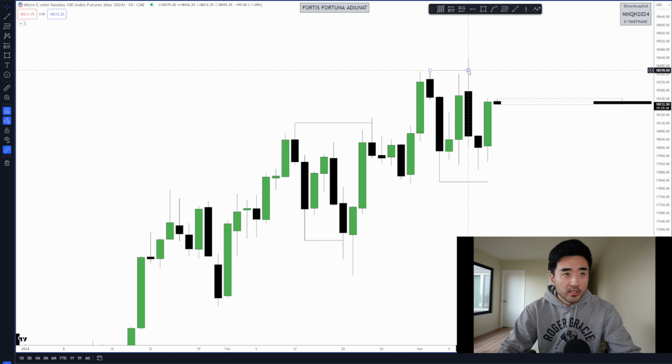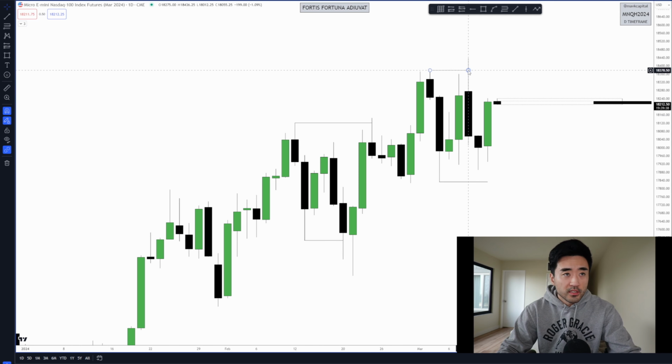So why are they called buy side liquidity and sell side liquidity? I'll start with buy side. Buy side liquidity is called buy side because we have a bunch of retail traders that think this is some sort of resistance. So they're going to try to short this, and they want to put their buy stops at the top of this range just in case they're wrong, right?